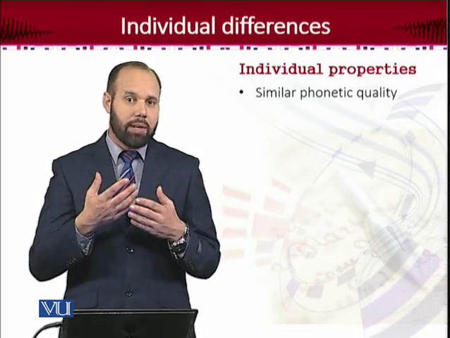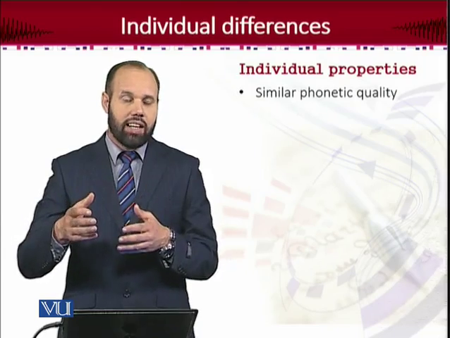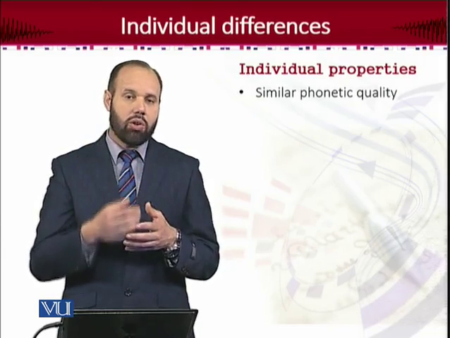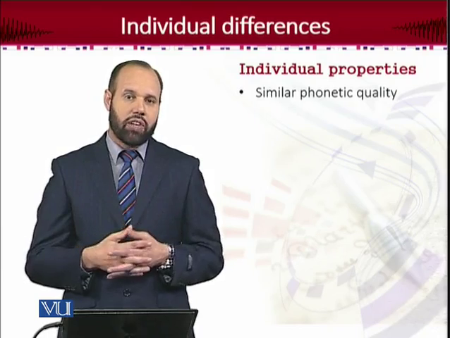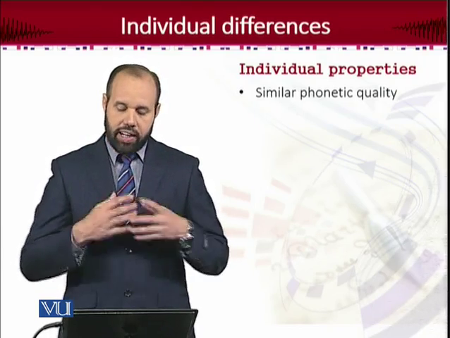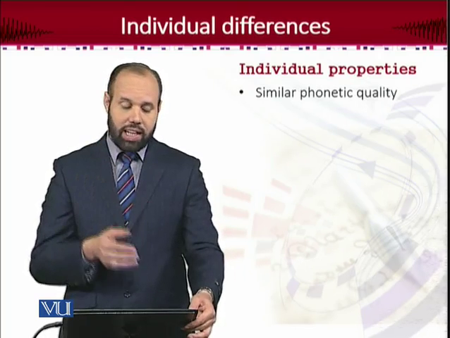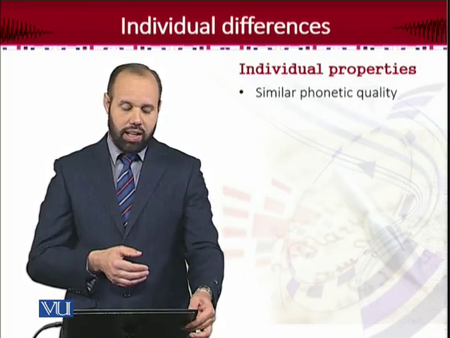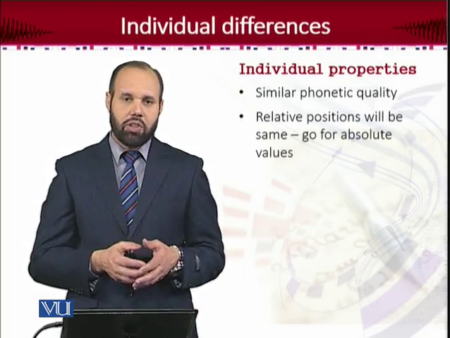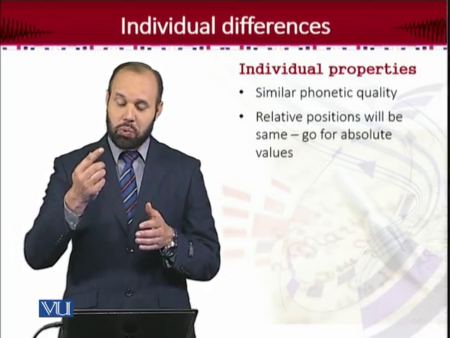The size would remain similar. And you may remember that we discussed this idea, the shape of the vocal tract and also the configuration inside the vocal tract, right? That does count, right? So the phonetic quality would be similar for one individual. So you can think about those individual features on the basis of which you can claim that this is spoken by one typical individual, right?